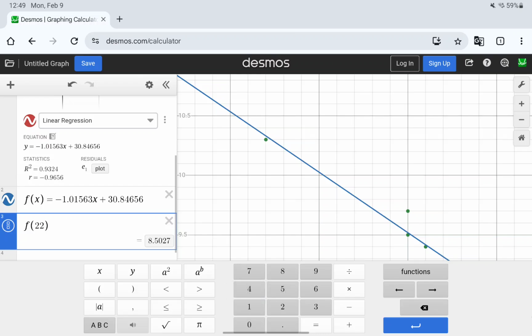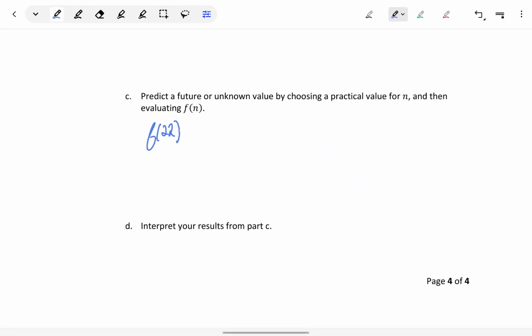And we get 8.5027. If we're plugging in 22, this is a case of extrapolation, because 22 is larger than any of the values that we had for school enrollments in our original data set.